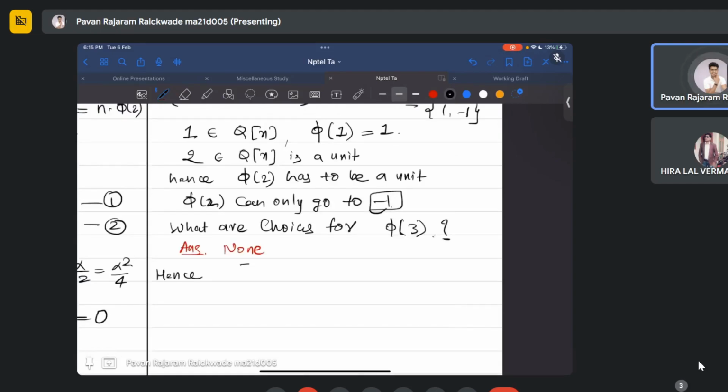Hence there doesn't exist any isomorphism phi from Qx to Zx, which implies Qx is not isomorphic to Zx.